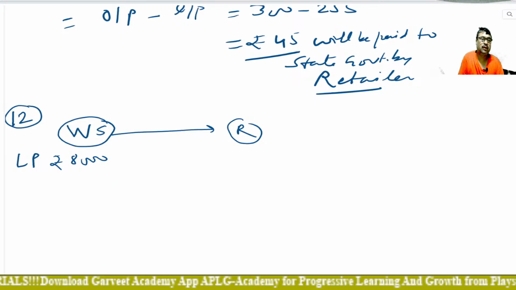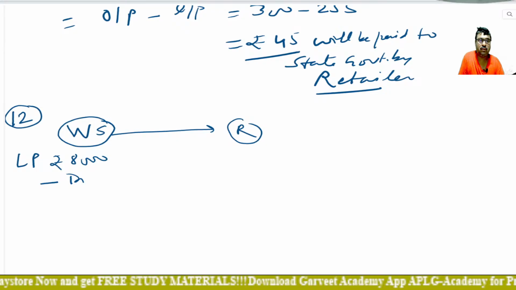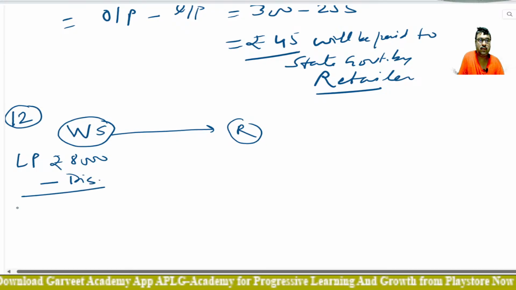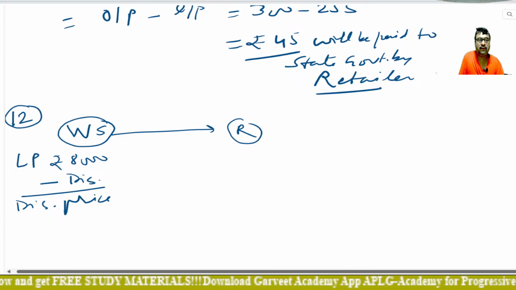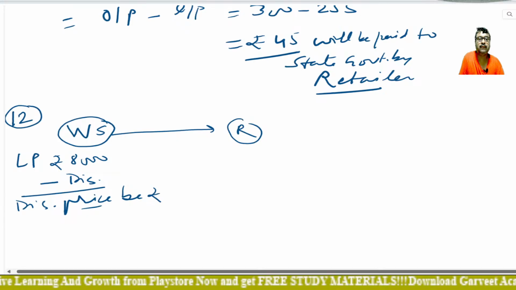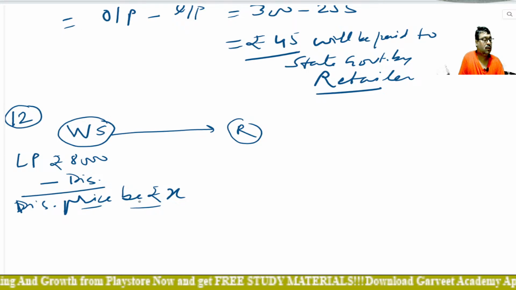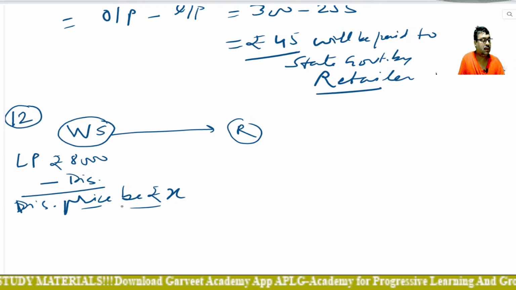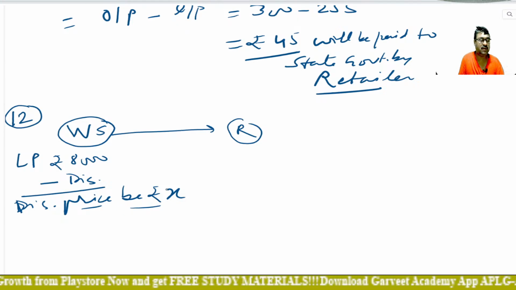Okay. So let's say the list price minus the discount will be the discounted price. Say the discounted price be rupees X. So he will pay the GST, CGST and SGST at the rate of 9% to the wholesaler.